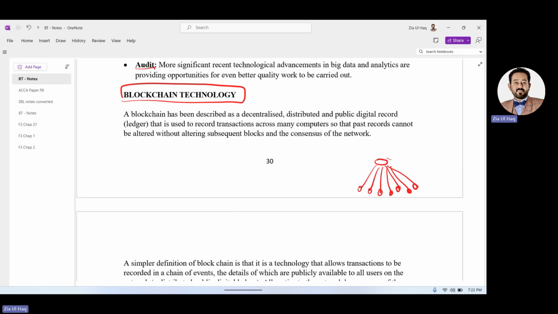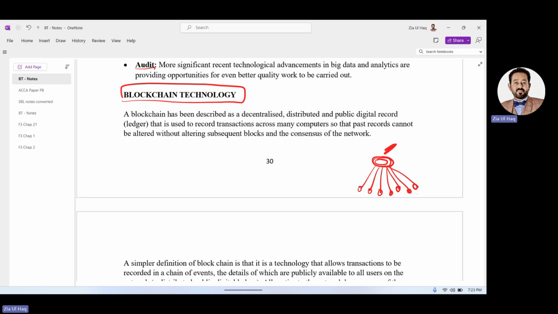Suppose this main admin system is sharing a file that will be shared with all these users. This means that the file will be stored with all the users. If any hacker hacks the admin system and tries to alter that file, the file will be altered in the admin's system.